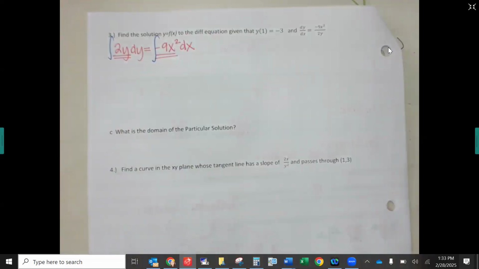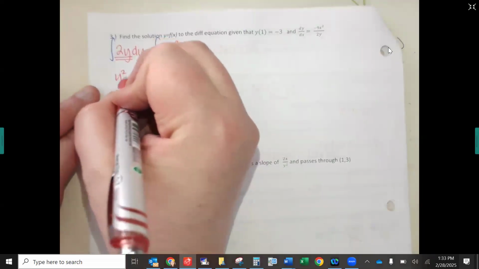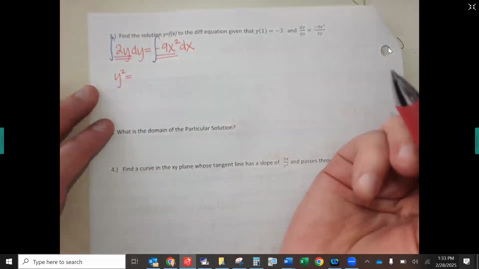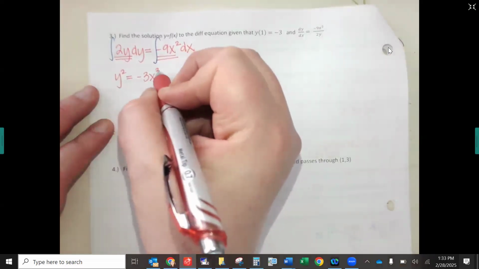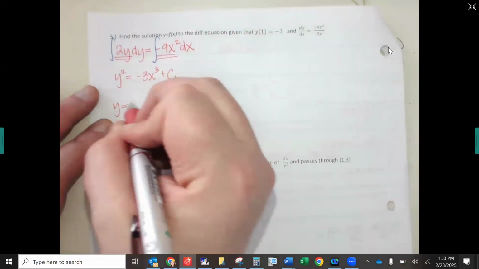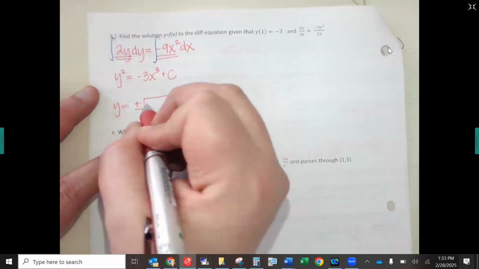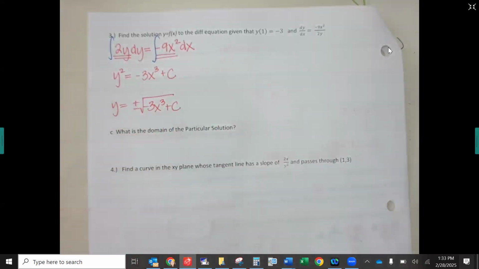So 2y, what would your antiderivative be? Okay, good. On the other side, negative 9x squared, what's the antiderivative? Plus C, and then to solve it, we'd have y equals plus or minus the square root of negative 9 over 3, x cubed, plus C.